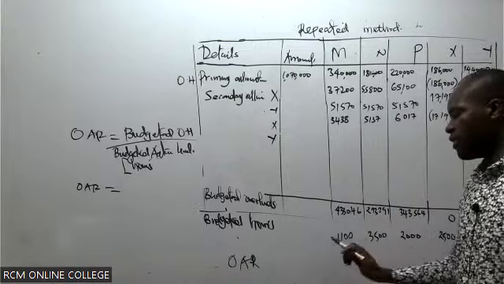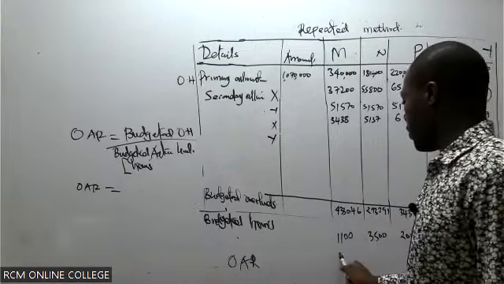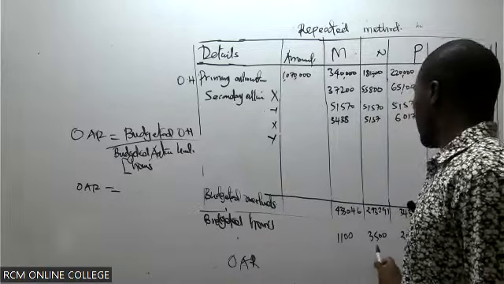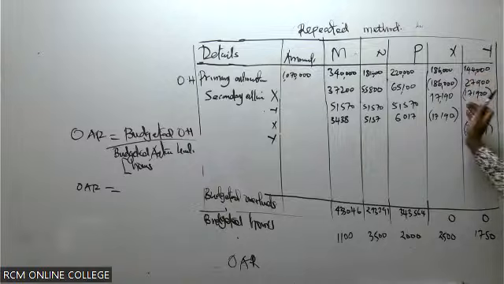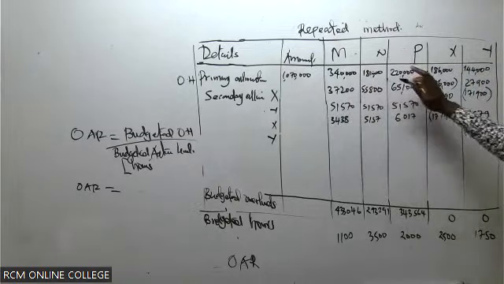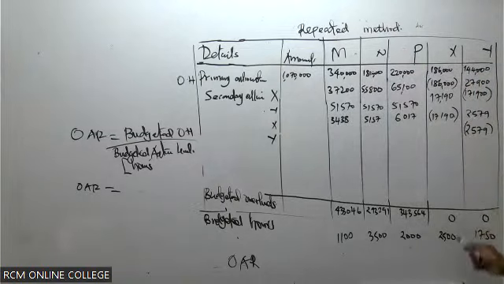If yes, go ahead and give me the overhead absorption rate for M, N, and P. These ones here, we are reapportioning them back to the production department. So at the end of the day, they have no effect. That's why the examiner will always not give you this one. But if I was one of them, I also bring in even these departments with zero amounts, just to confuse some of you.